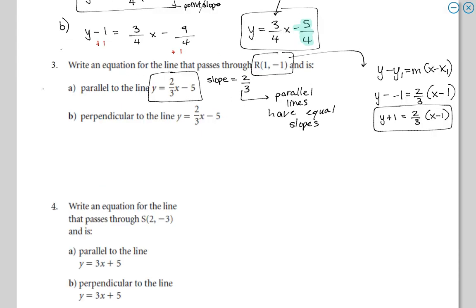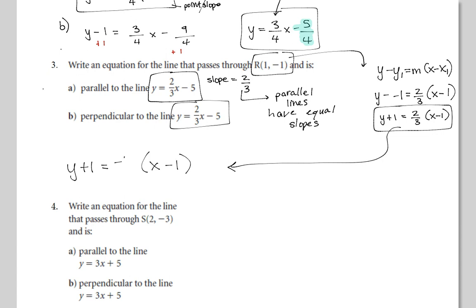Okay, well, what if we wanted to do a line perpendicular to this? Well, it's going to be the exact same thing, but instead of 2/3, what would we put? Yeah, good. Very nice.